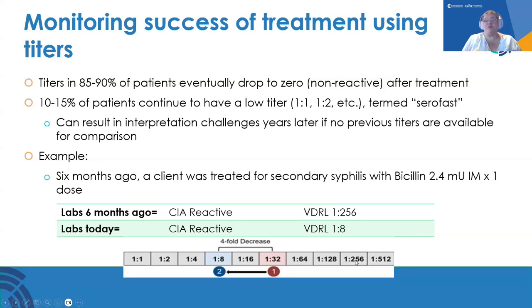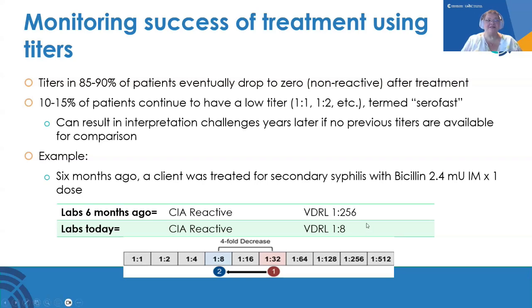I'm going to ask you to put this in the chat. Was the treatment that we gave successful based on these titers? It was 256. Did we have a fourfold decrease? Excellent.